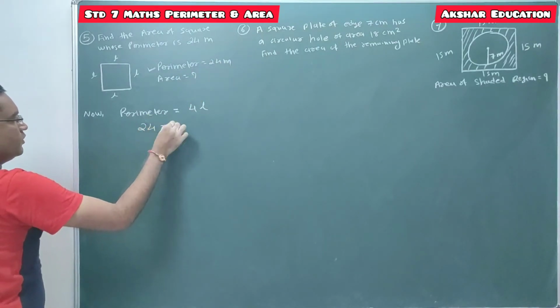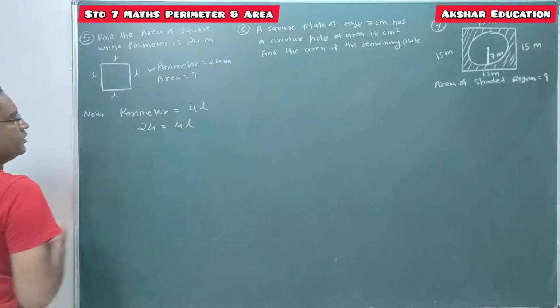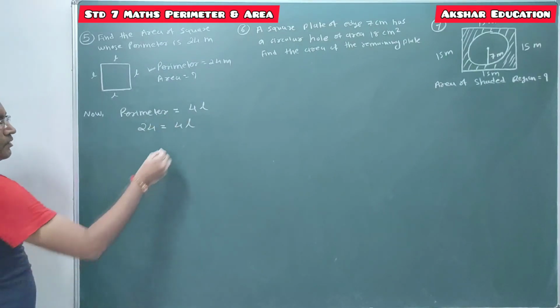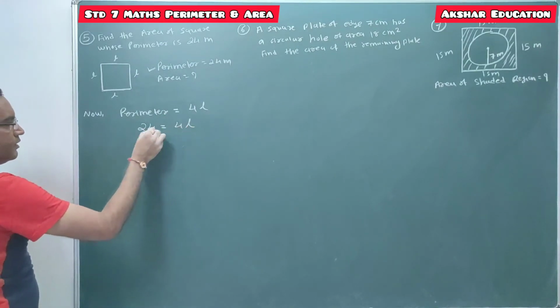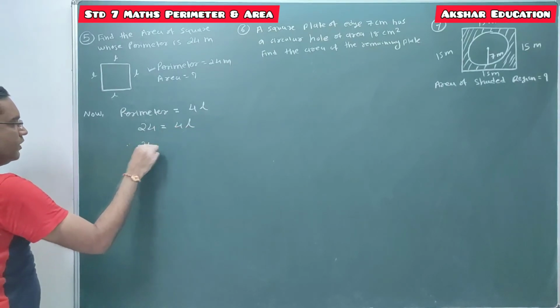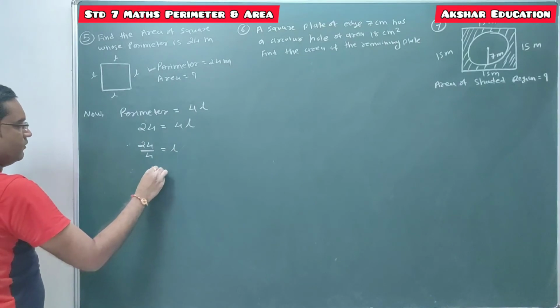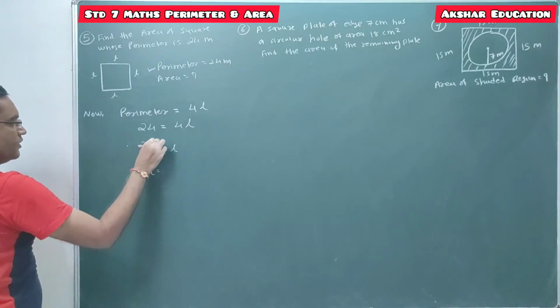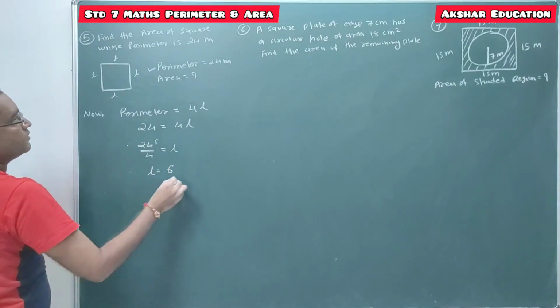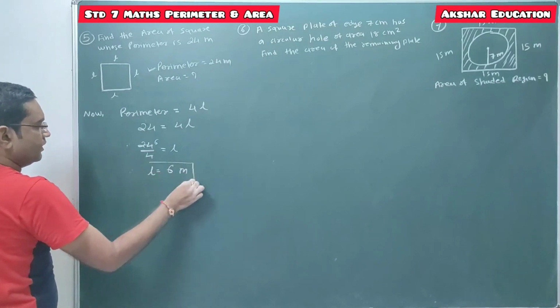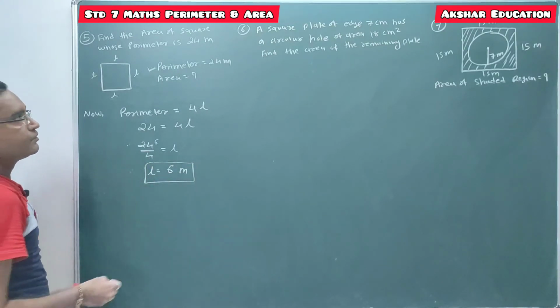So 24 meter equal to 4L. So here 4 is in multiplication, take into division. So it's a 24 by 4 equal to L, and therefore we are getting L equal to 6, as 4 6s are 24. So 6 meter is the length of side of the square.